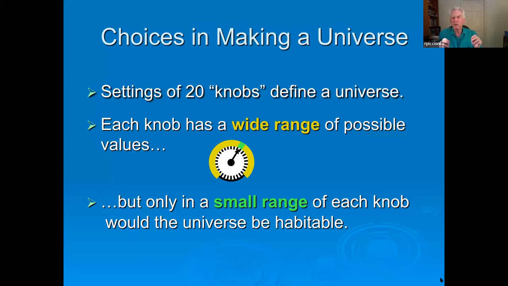So Einstein's question has the answer, yes, the universe could have been vastly different. However, we wouldn't exist in the vast majority of those combinations of other possibilities. Only in a very narrow range of each of the 20 knobs do you have a universe that could support any form of life whatsoever.